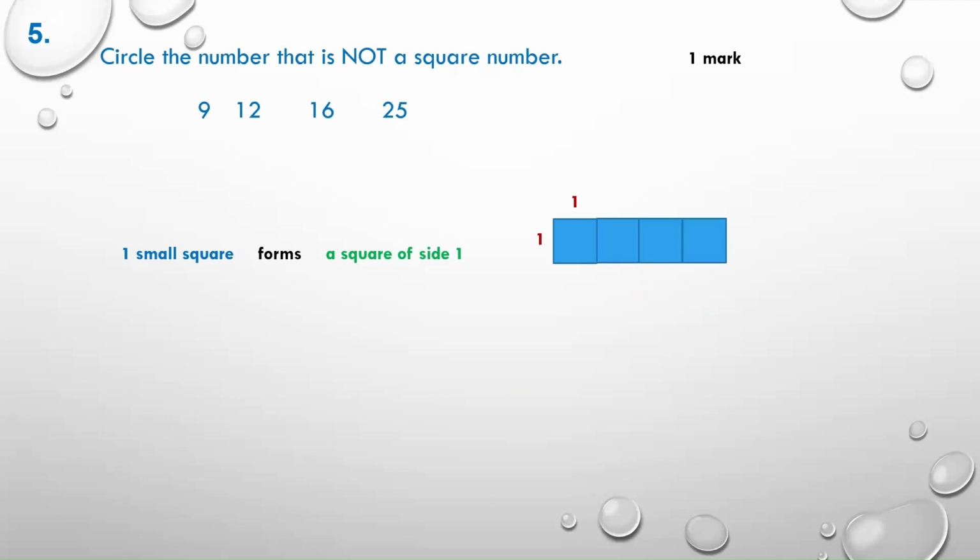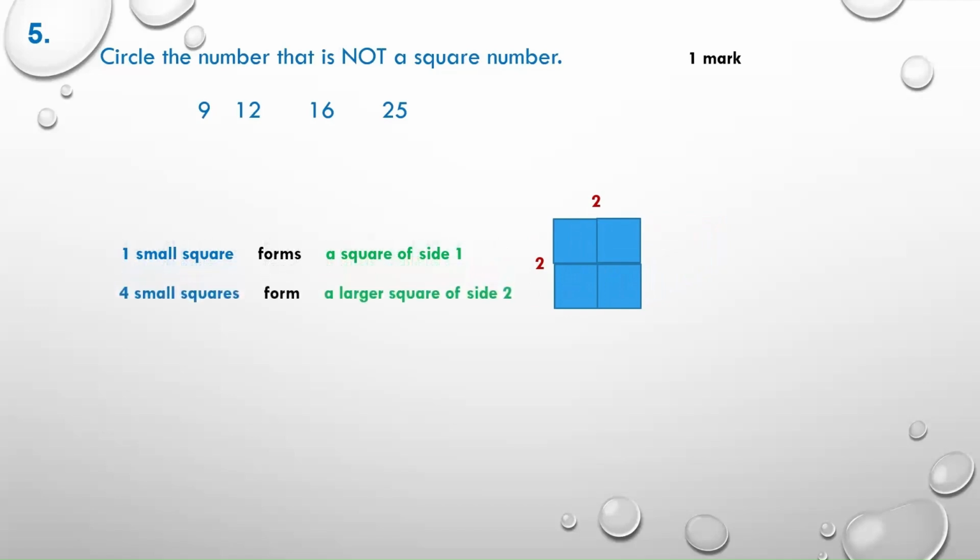Could those 4 squares be rearranged to get a larger square? Well, yes, we can slide it down and look. Here we have a larger square, which is 2 across by 2 down. So 4 small squares form a larger square of side 2. So 4 is a square number.